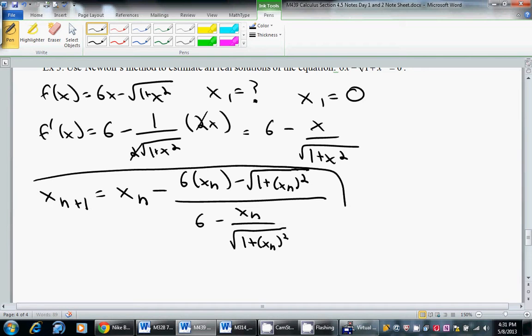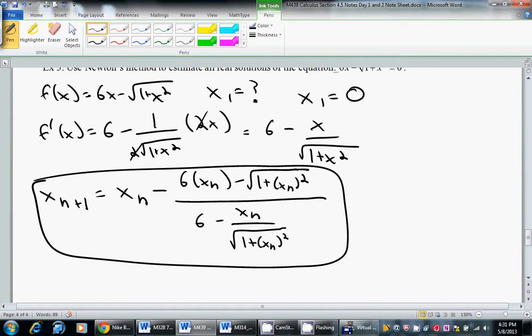And this is what we're going to type into our calculator, unless we really want to do this one by hand. In which case, be my guest. More power to you. Okay, but let's go ahead and type this into our calculator.